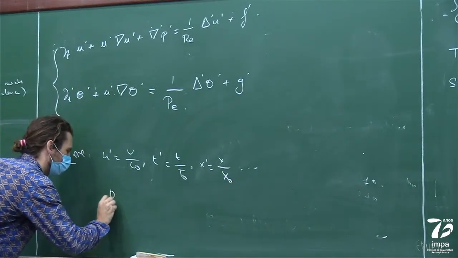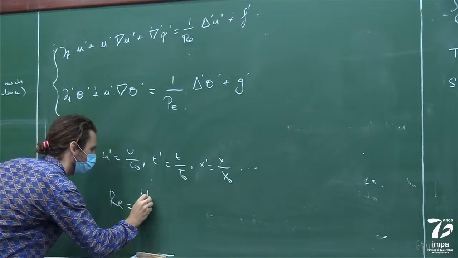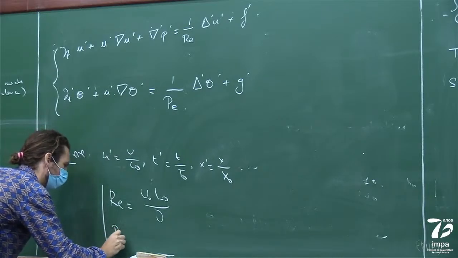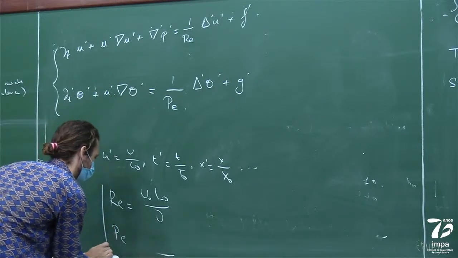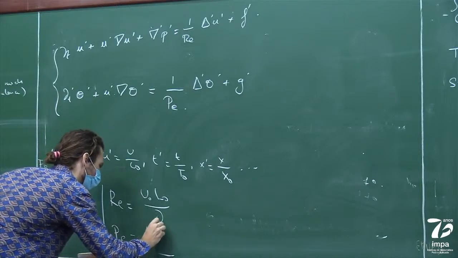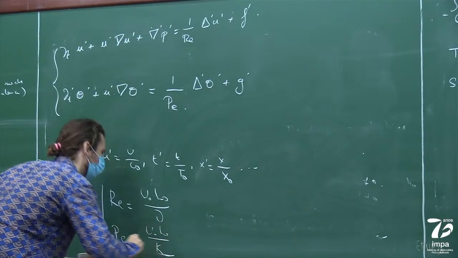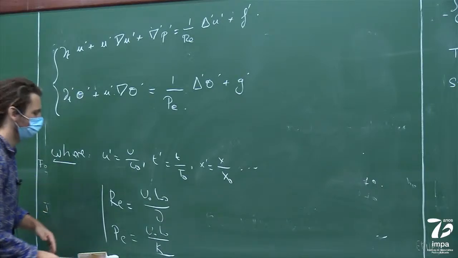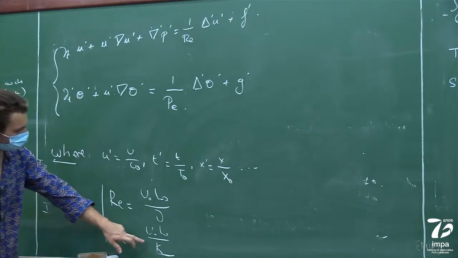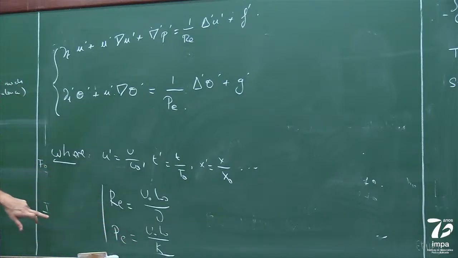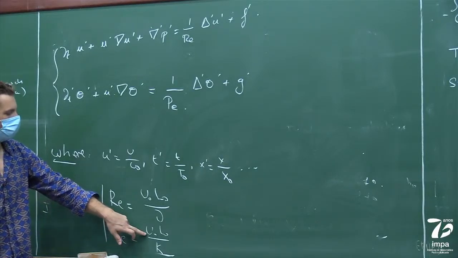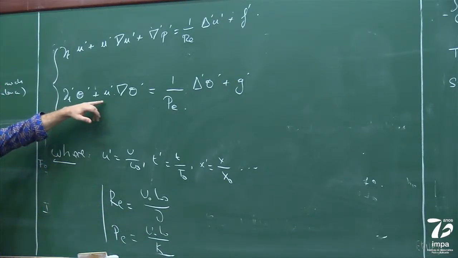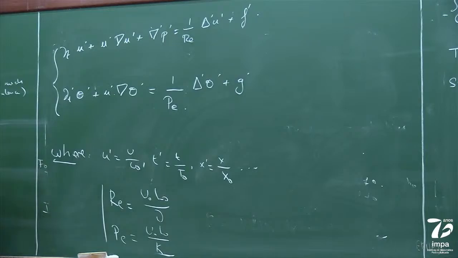And the Reynolds number is U0 L0 over nu. And the Peclet number is U0 L0 over kappa. So the interesting thing is that in the Peclet number, what intervenes, and this is due to the linearity of this equation, are characteristics of the velocity field.